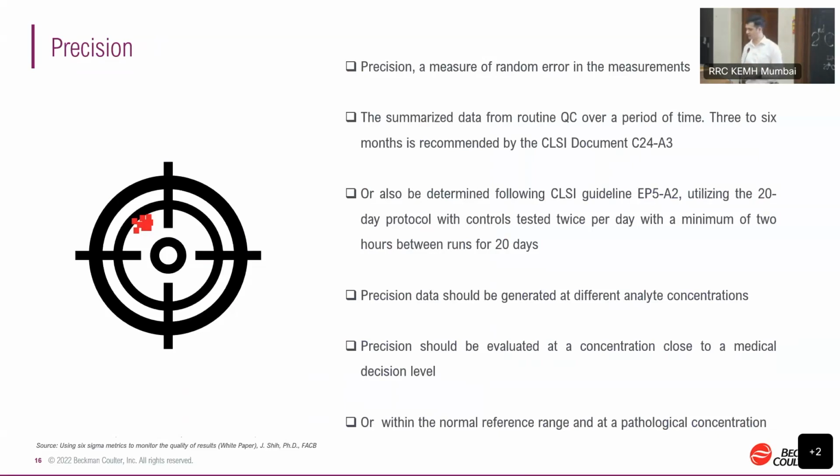So that is the other guideline, by CLSI, that is EP5-A2. According to these guidelines, you can perform the estimation and get the CV.